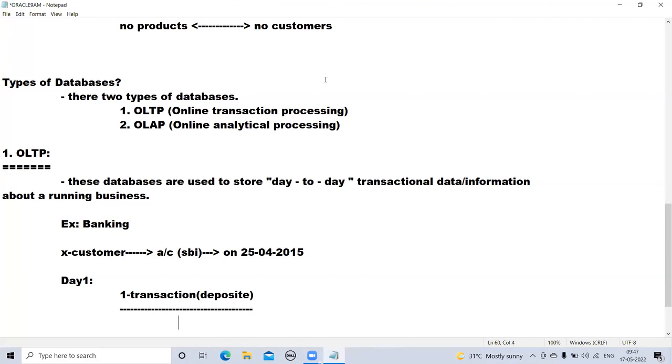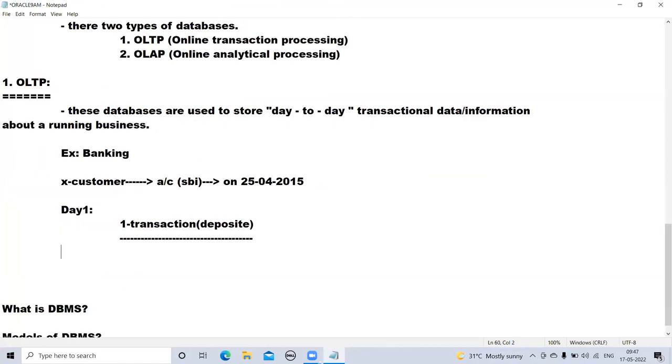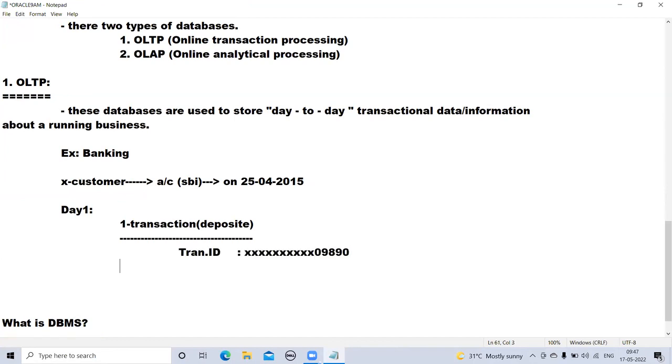Now, same thing here. The customer X, on day one, took the first transaction, a deposit. Suppose this deposit transaction was successfully done. Once the transaction is successfully done, what kind of information will be generated here? The first one is a transaction ID number, so and so ID number will be generated.